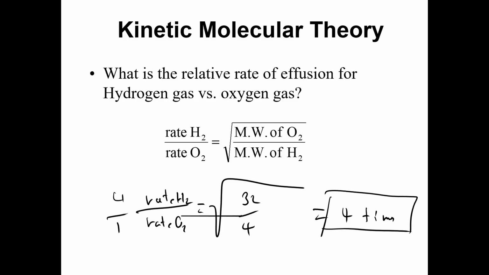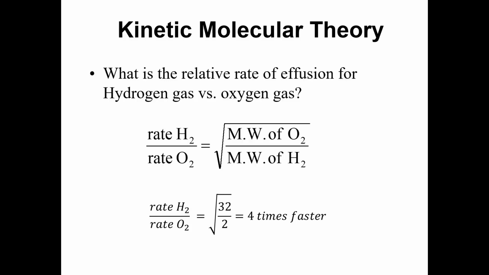So this is not very difficult to do. What can happen is that you accidentally switch these two, and then your math doesn't come out very well. So what you want to do is put the larger molecular weight on top. All right.